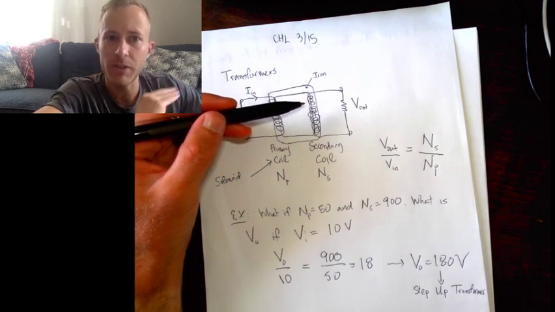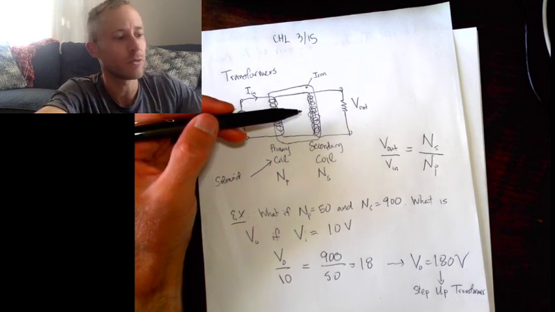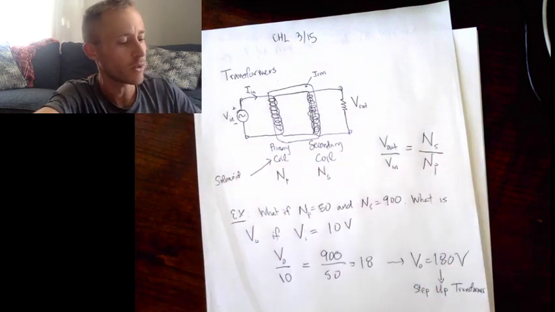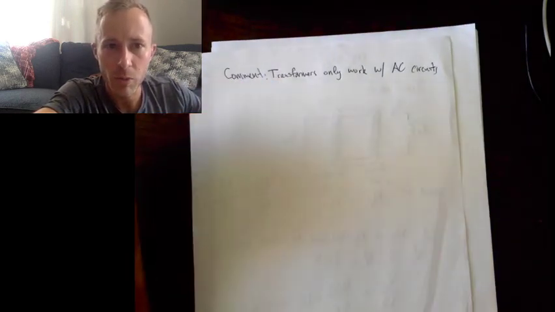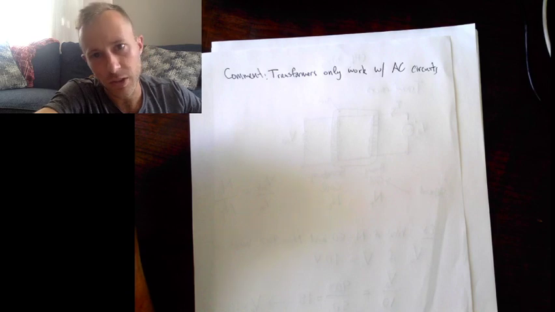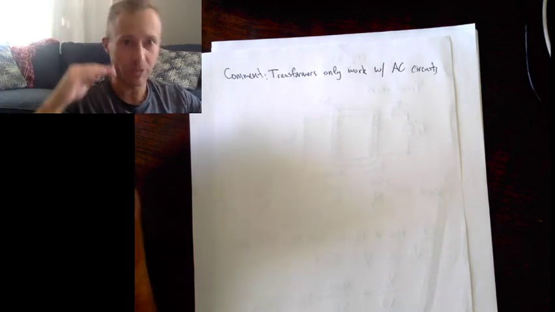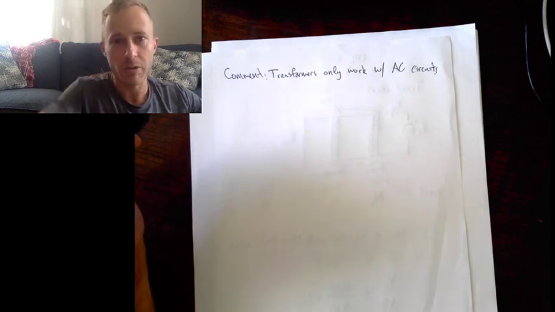So we have to have changing values for these quantities in order to get the induced voltage at the output. So you're only going to get transformers to work with AC circuits. And because it's useful to be able to change the voltage level, this is one of the reasons why our power grid is based on AC.